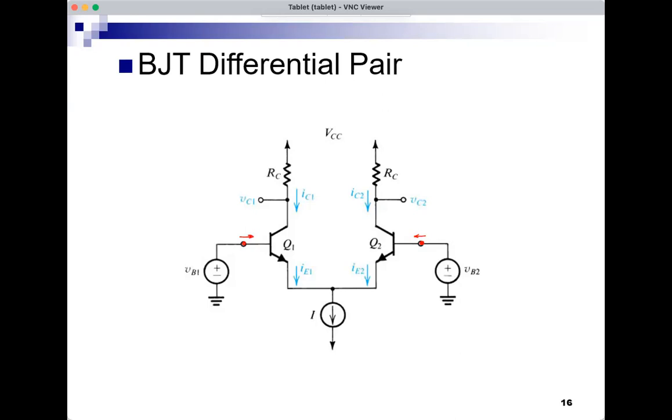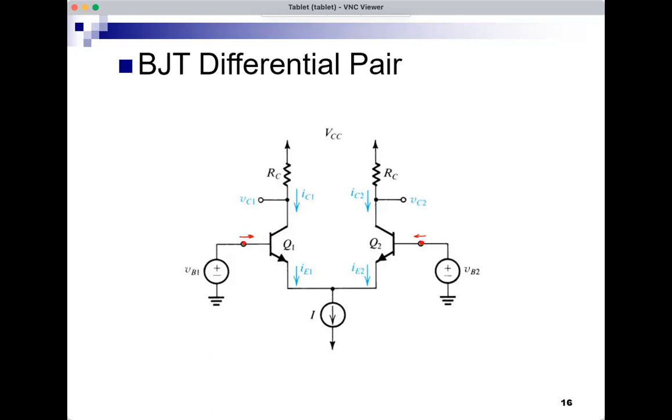And of course, by just looking at the circuit and with Q1 and Q2 being identical, the circuit has perfect symmetry. So whenever the two input voltages are equal, the same current would flow in the two transistors.